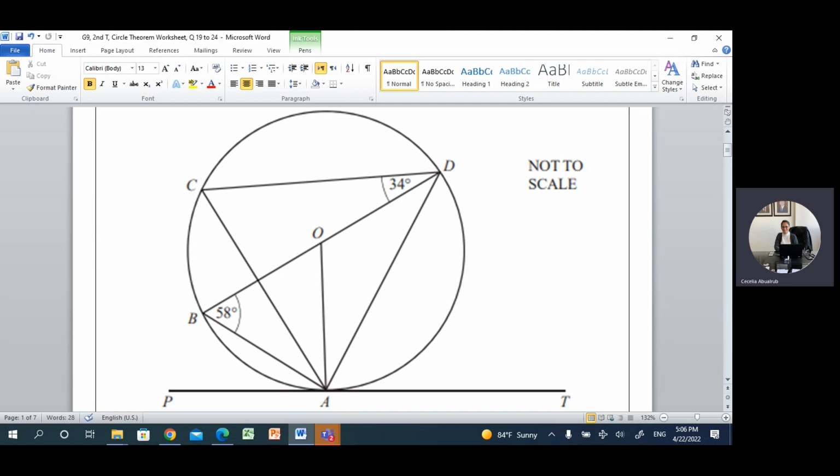Let's think of the first angle that you can find based on the given angles.